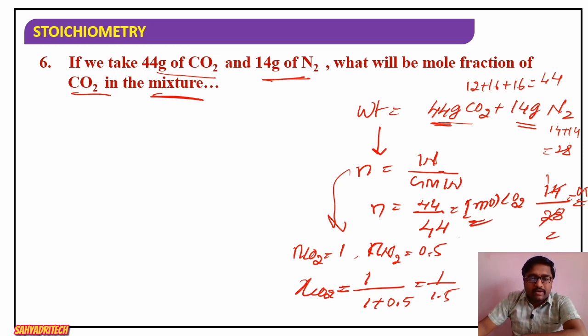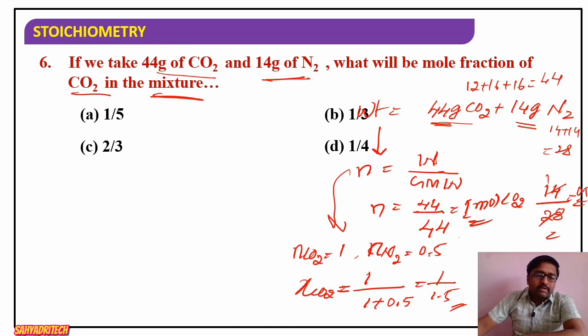So if you simplify, 1 divided by 1.5 means how much it is? 10 by 15, right? So 10 divided by 15. 10 by 15 means what? 5 2s are 10, 5 3s are 15, so 2 by 3.